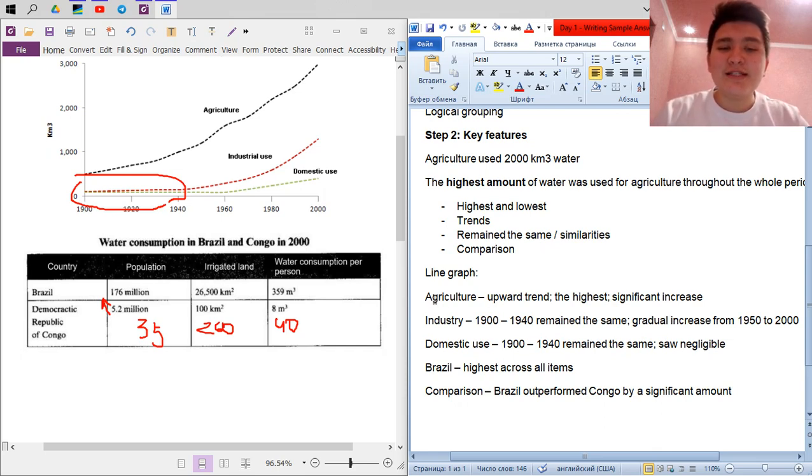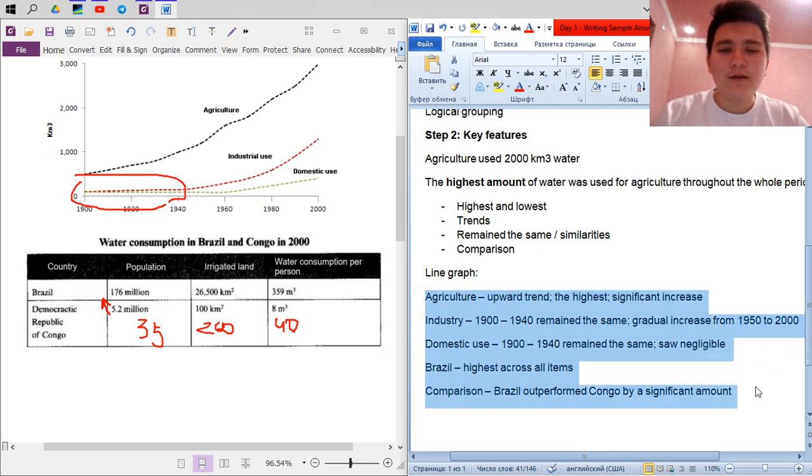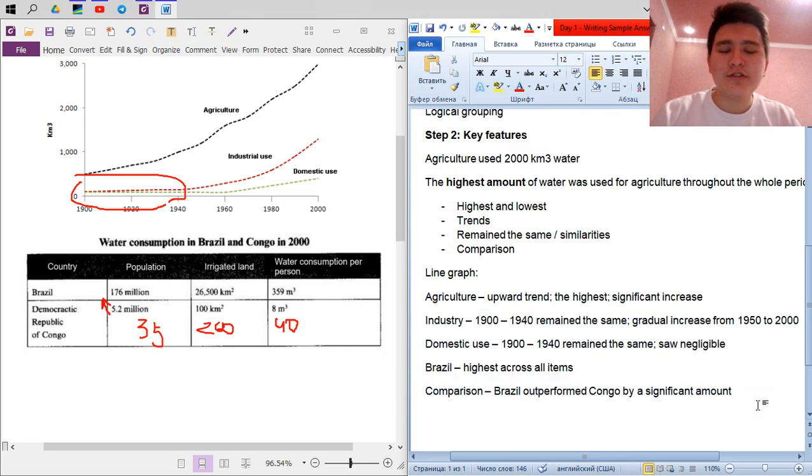What you need to include is the summary of all these key features. You don't have to mention any details. I recommend you check out my overview later on, and then you will see how it's actually written.